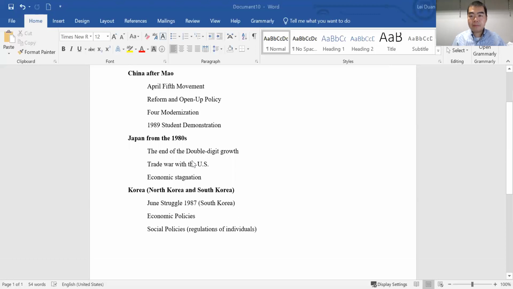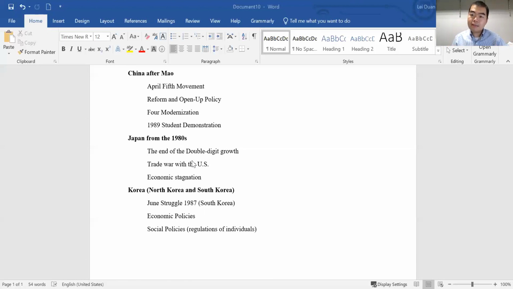Japan from the 1980s. In the late 1970s, we see the post-war prosperity, right? But in the 1970s, because of the oil crisis, Japan's double-digit growth came to an end.